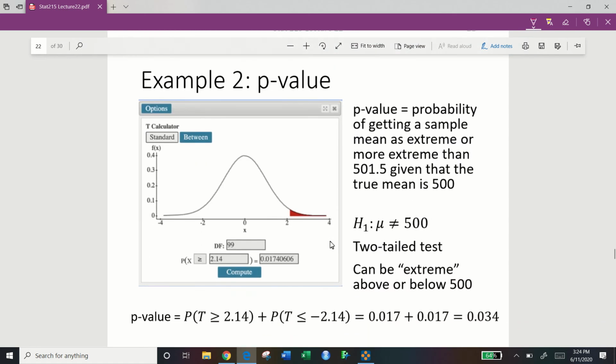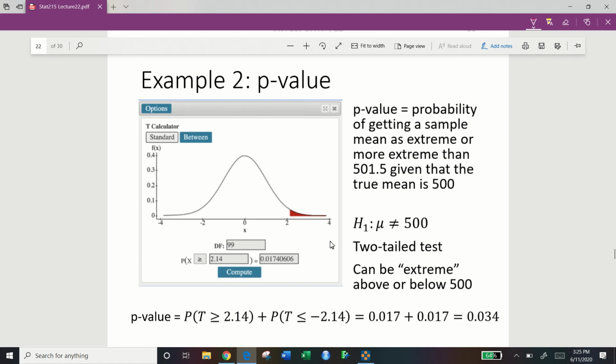Now we can use StatCrunch to calculate our p-value, which, if you recall, in this case would be the probability of getting a sample mean as extreme or more extreme than 501.5, given that the true mean is 500. Now, as this is a two-tailed case, we have to examine the situation of it being both greater than and less than.